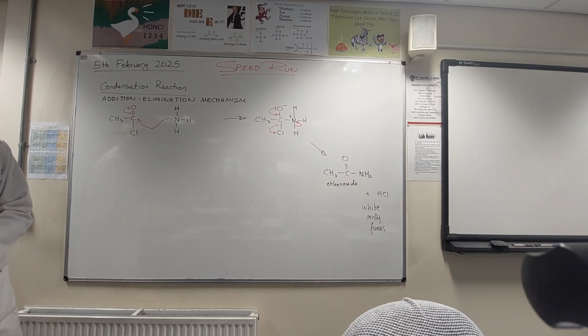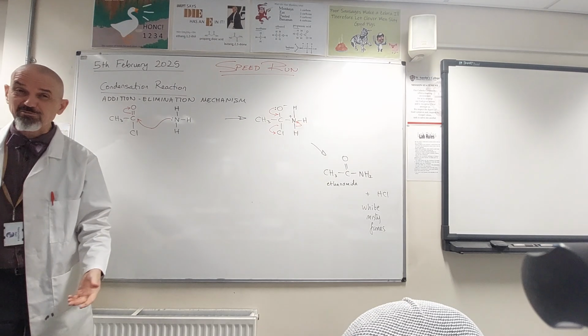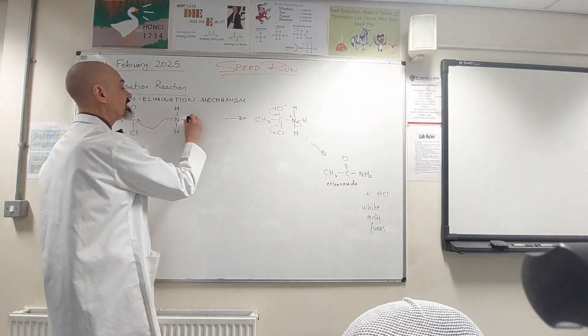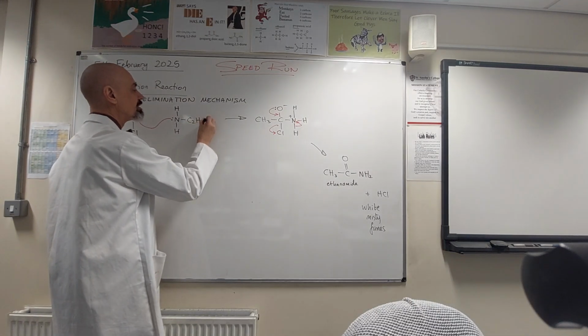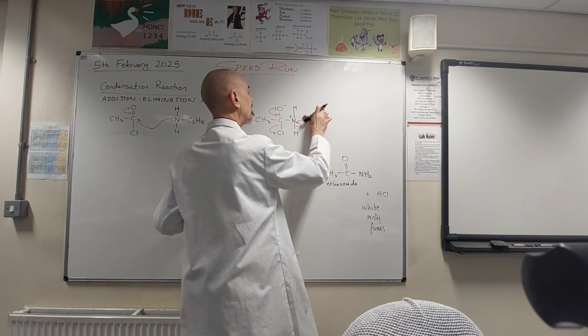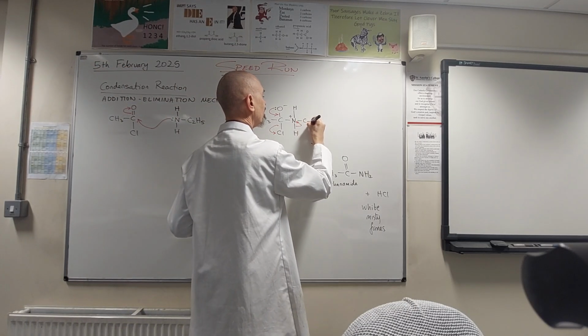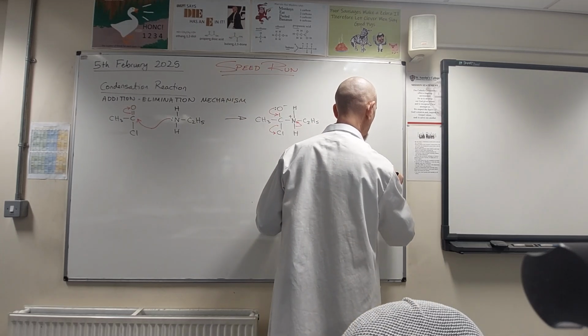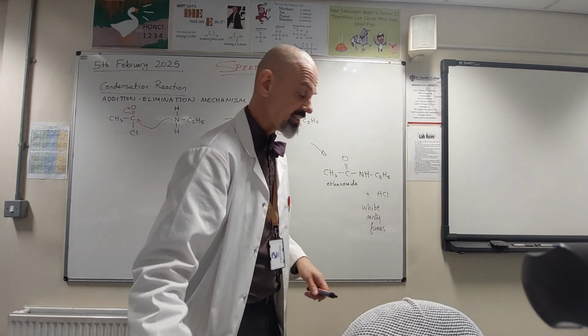And if I go one step further, rather than just adding ammonia, if I add an amine, say I put a carbon group on there, well then that carbon group would follow through all the way to the end there.